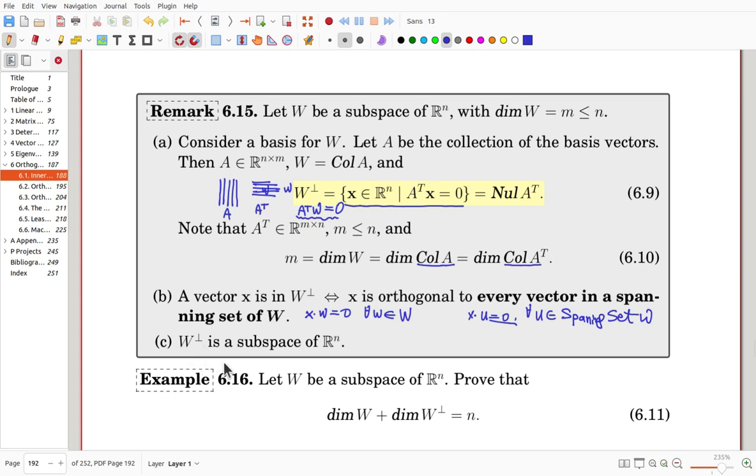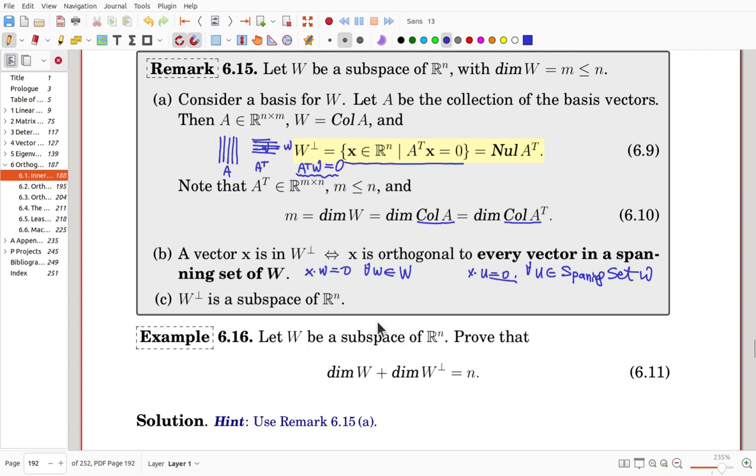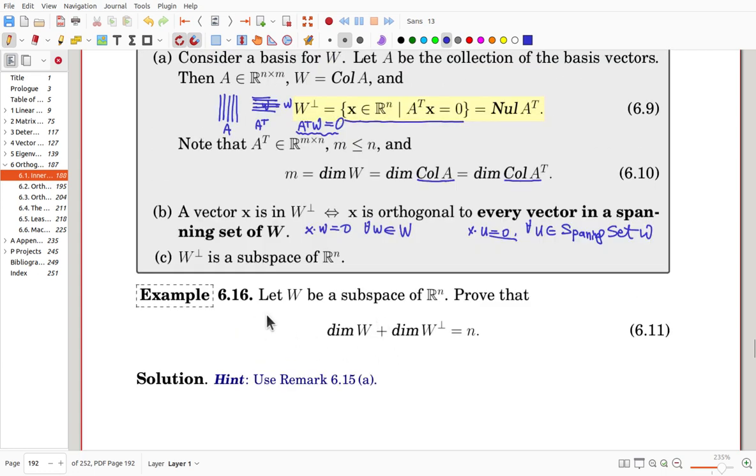So it is a subspace of Rn. W is a subspace of Rn. Prove this equation.